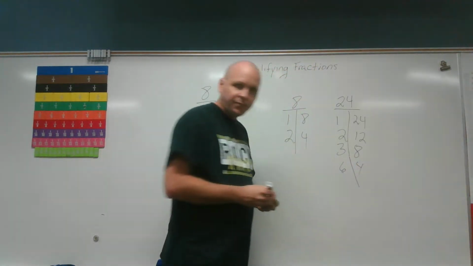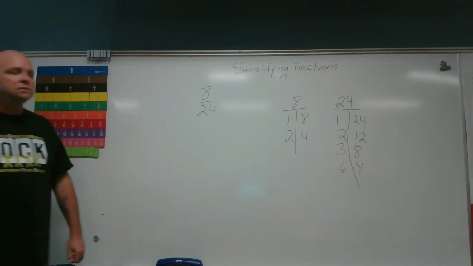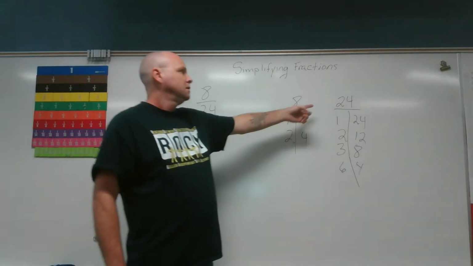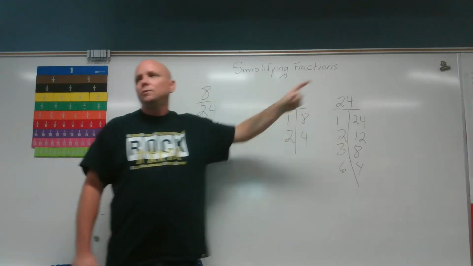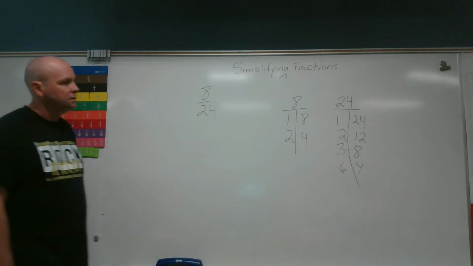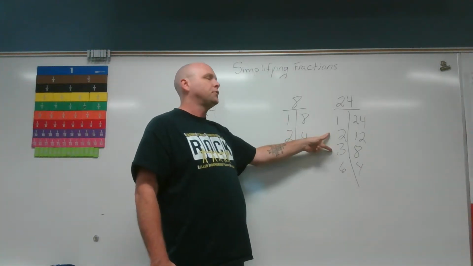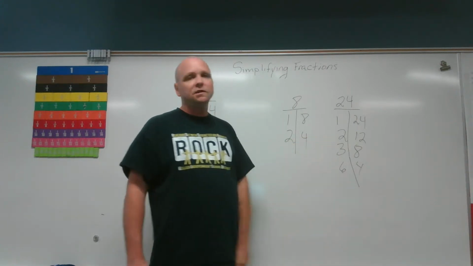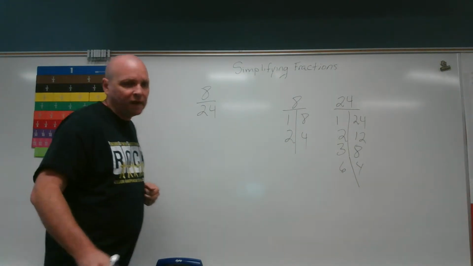Our divisibility rules will very much help us on this. If we forgot, we know it's even, so it's got to be 2. We know the sum of the digits is 6, so 3 has to go into it. If 2 and 3 go into it, then 6 has to go into it. So now we're trying to find our common factors.